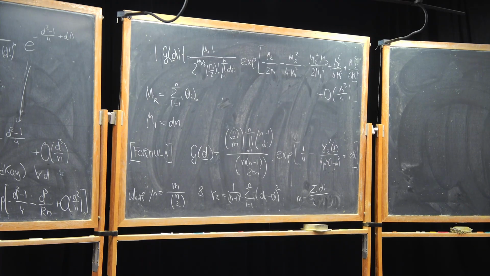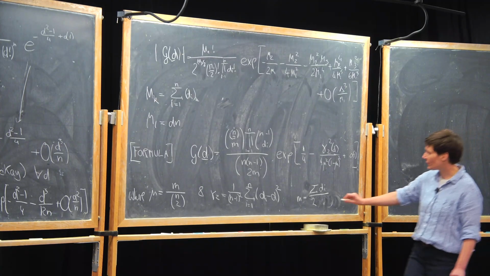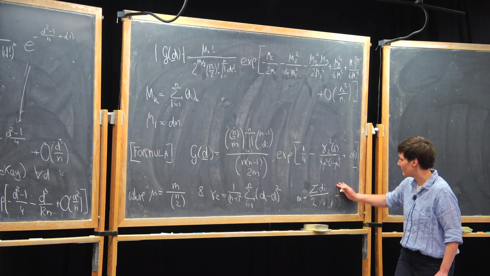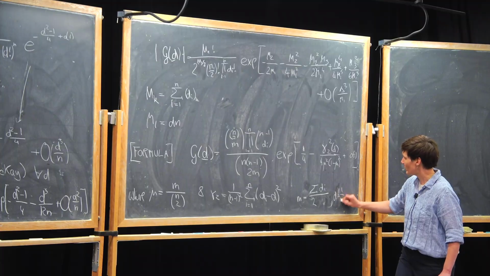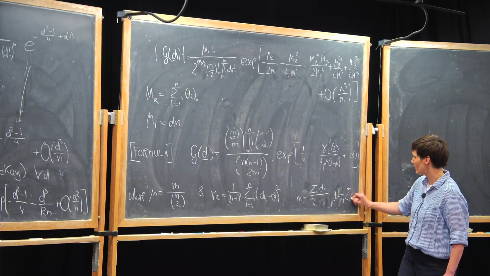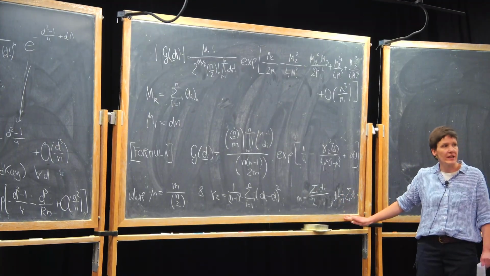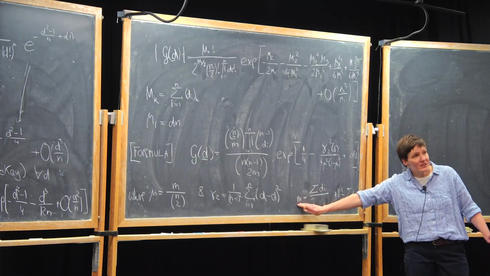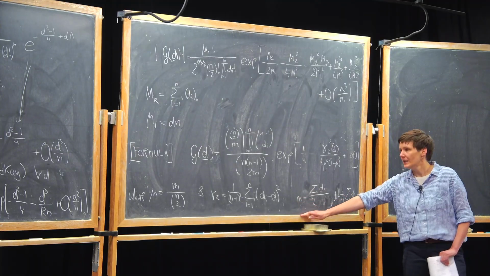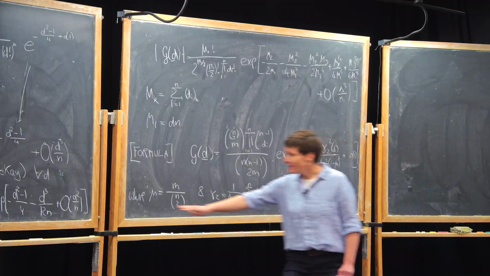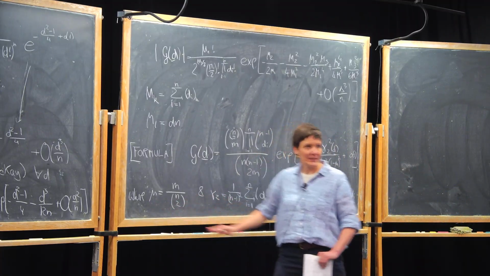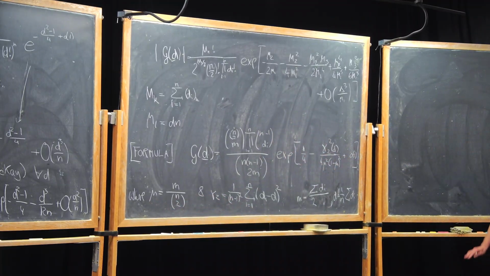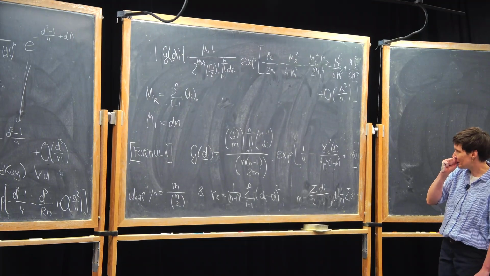Sorry, d is the average degree. D is 1 over n times the sum of the d_i's. D is always the average degree of a sequence D. M is always the number of edges of a graph with degree sequence D. Mu is always the density of a graph with degree sequence D. And now I think I have defined all of these terms.